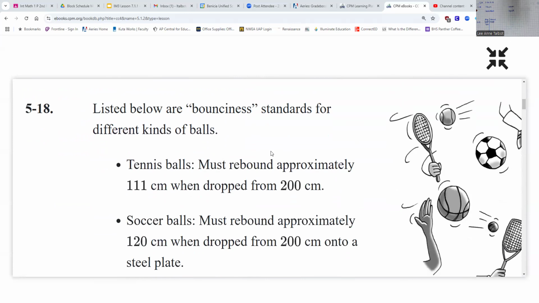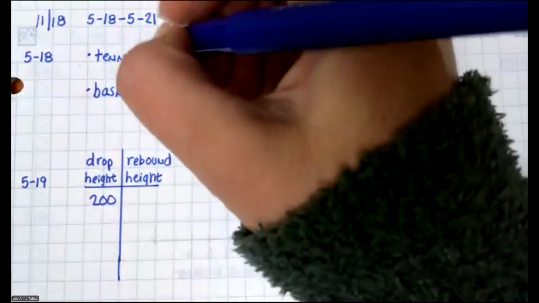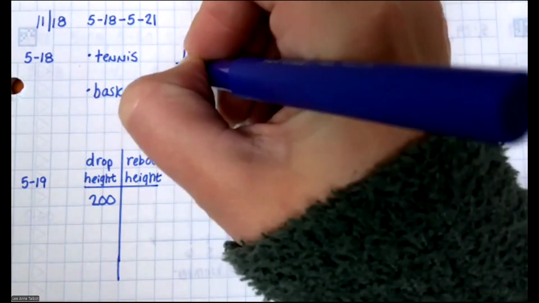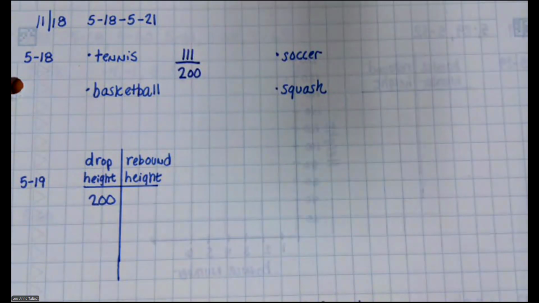Okay, so these are the different standards for different kinds of balls. Tennis balls must rebound approximately 111 centimeters when dropped from 200 centimeters. Okay, so what that means is on our paper, they come back up 111 centimeters from being dropped 200 centimeters.